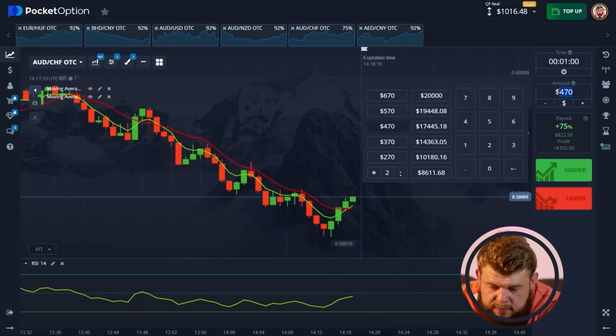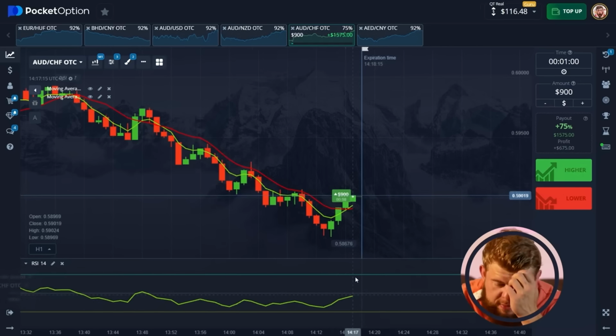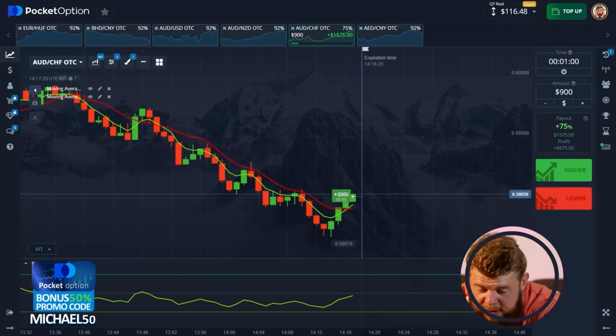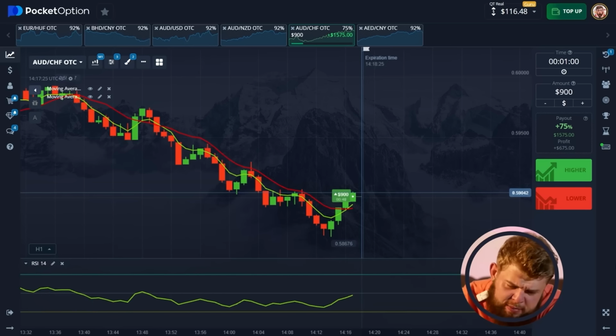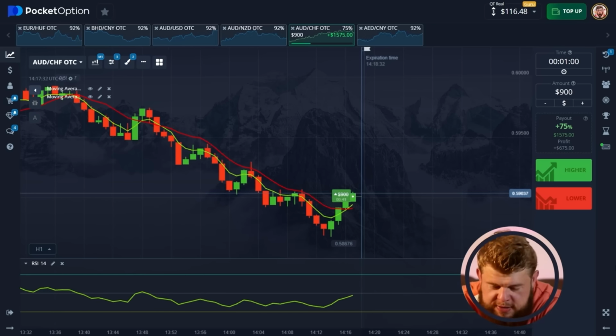Okay, so moreover, according to the chart AUD/CHF, we're now reversing. The price is reversing now, so that's why we have opened buy position here, investing our $900. It's a very simple trade, my friends. Firstly, we were moving in the descending channel, which was followed by several upgoing corrections.